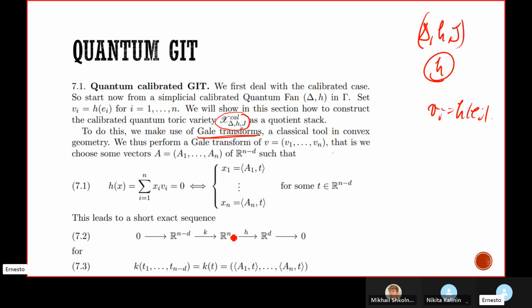So just kind of the dual picture. We have this K. The Gale transform is given by this K; these are the A's that give the K, and the K gives the A's. So this is the so-called Gale transform of H.